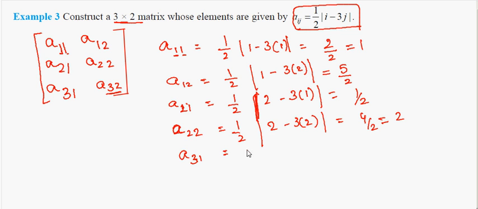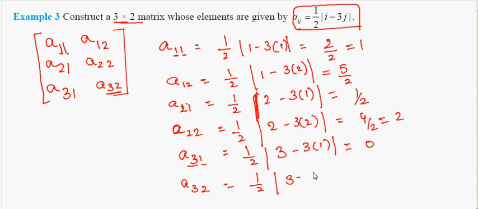A31 will be half modulus of 3 minus 3 into 1, where i is 3 and j is 1. So 3 minus 3 is 0, so it becomes 0. A32 will become half modulus of 3 minus 3 into 2. 3 minus 6 is minus 3, and the modulus will become 3 by 2.